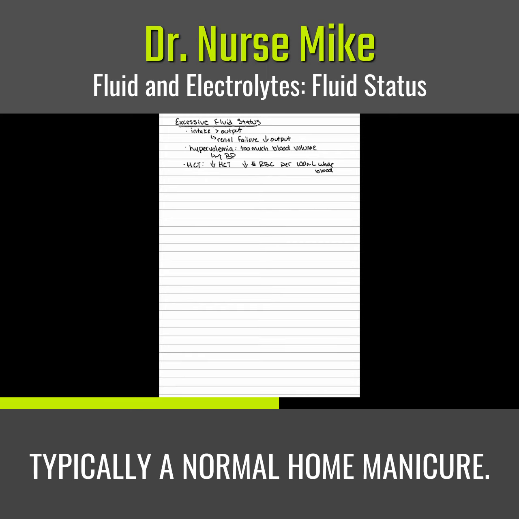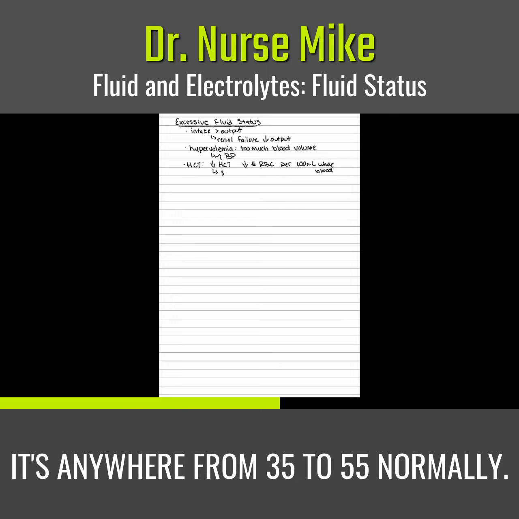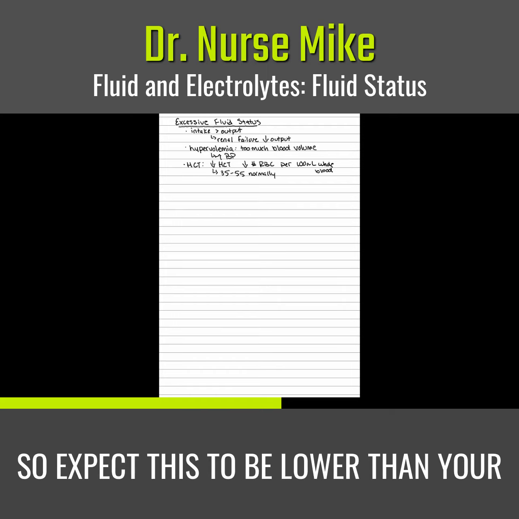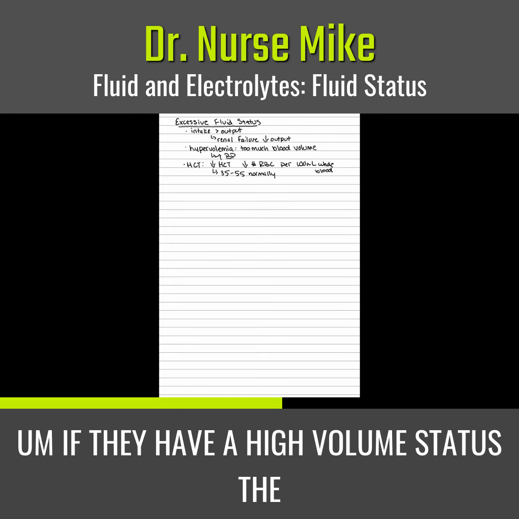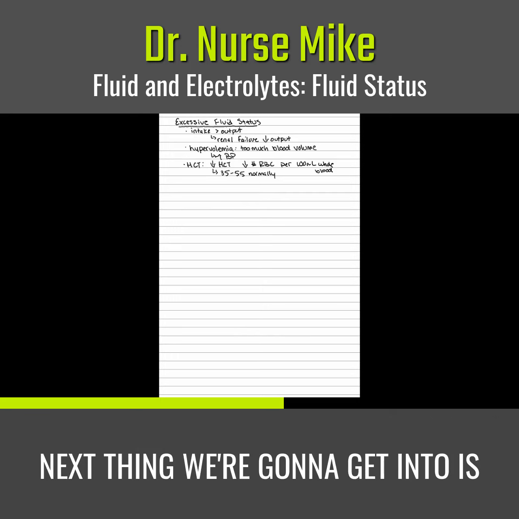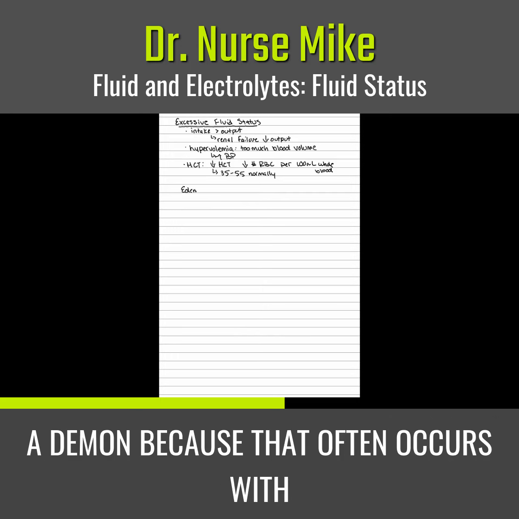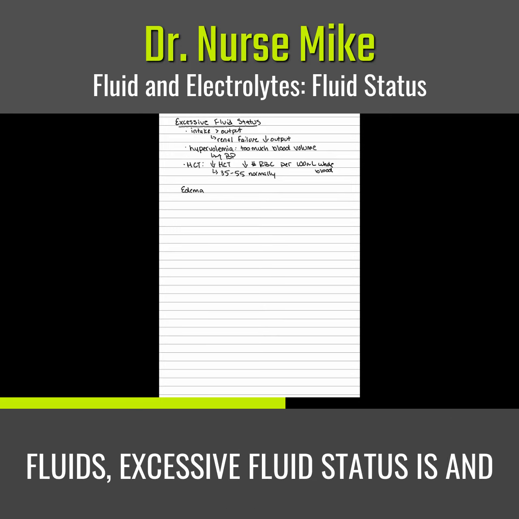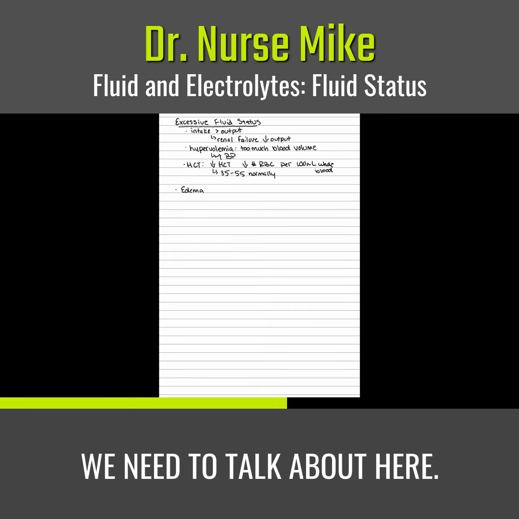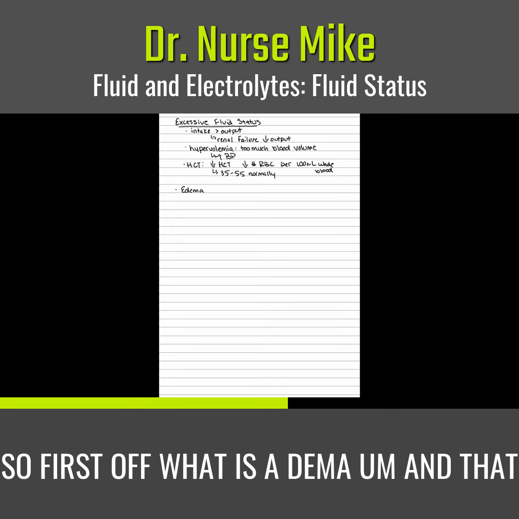Typically, a normal hematocrit is anywhere from 35 to 55 normally, so expect this to be lower than your patient's baseline if they have a high volume status. The next thing we're going to get into is edema, because that often occurs with excessive fluid statuses, and there's a couple different things that we need to talk about here. So first off, what is edema?